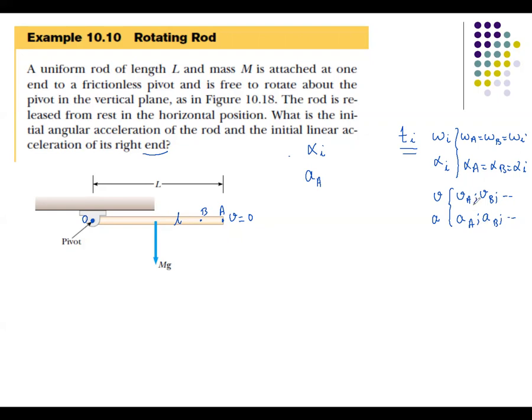In this problem, I ask you to calculate alpha initial. I don't specify the point because all have the same alpha. But about a, I ask you to calculate A of A, so I have to specify the point, A of A. Okay, let me start the solution.